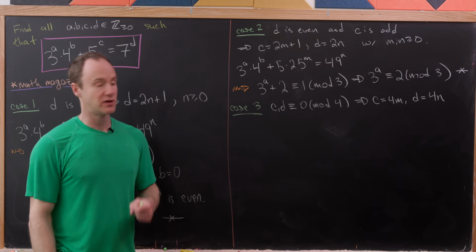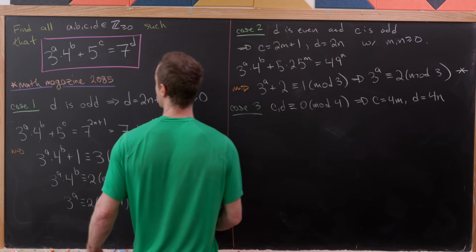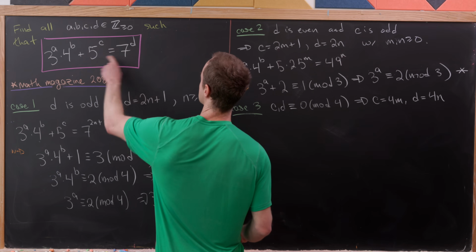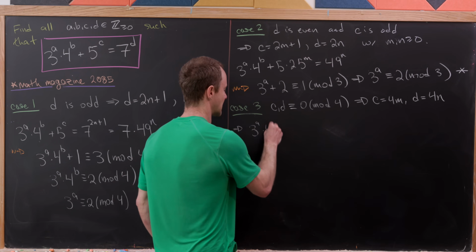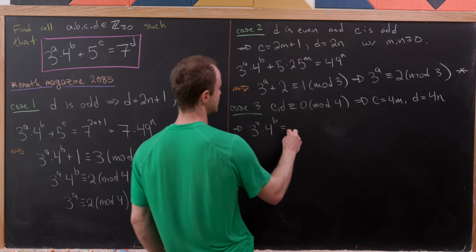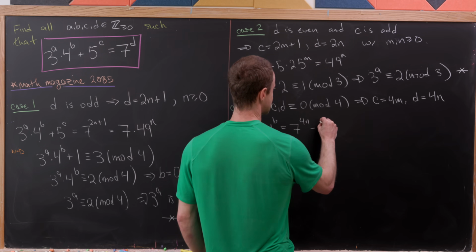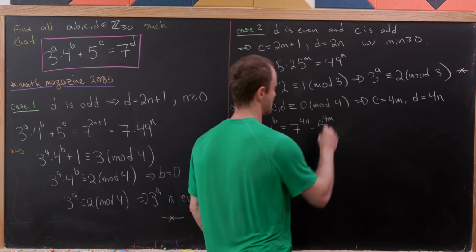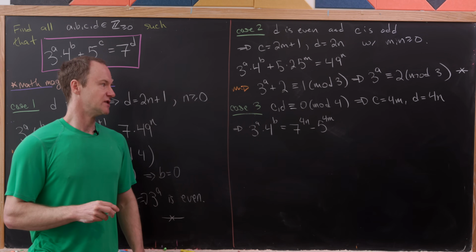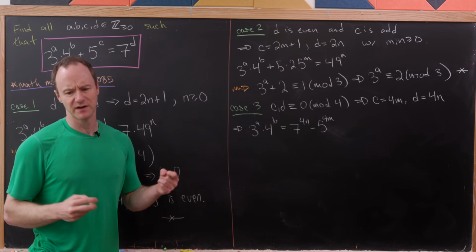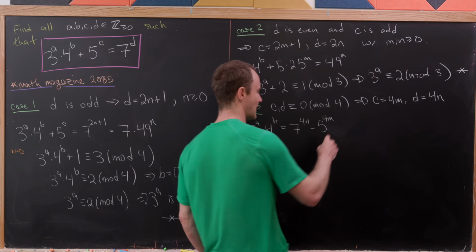Okay, but now plugging that into our original equation and moving some things around, in particular moving this 5 to the c over to the other side of the equation, that gives us 3 to the a times 4 to the b is equal to 7 to the power 4n minus 5 to the power 4m. But of course, we can factor that a couple of times using difference of squares, but we'll really only need to factor it once, and that will be like this.